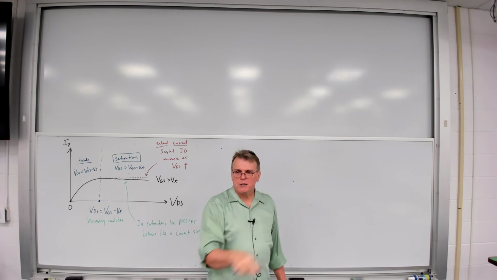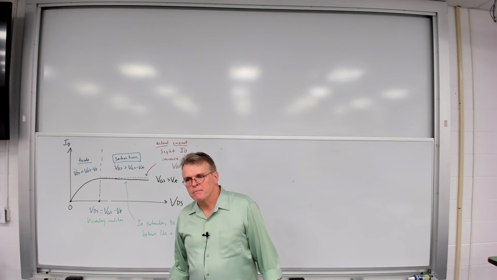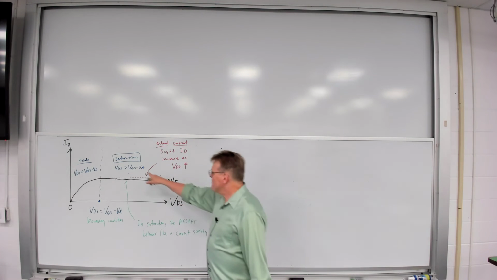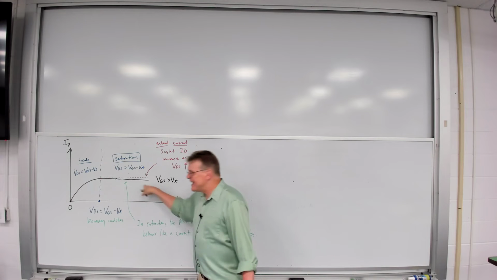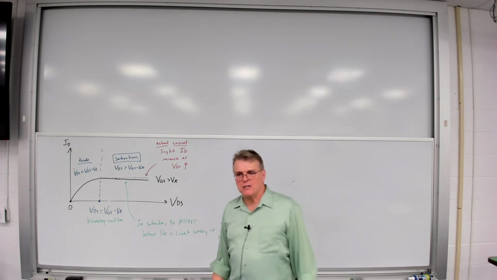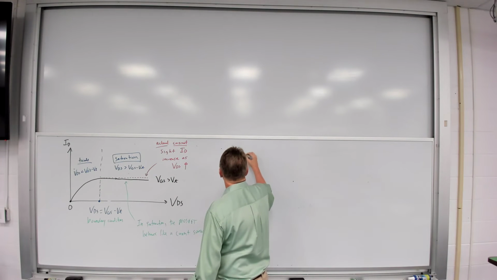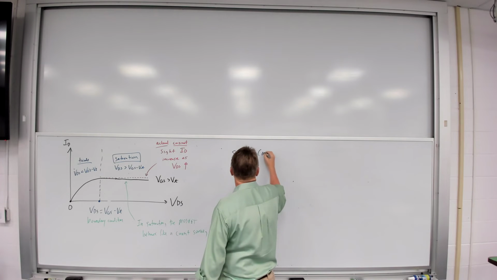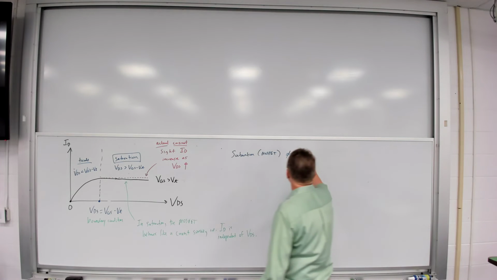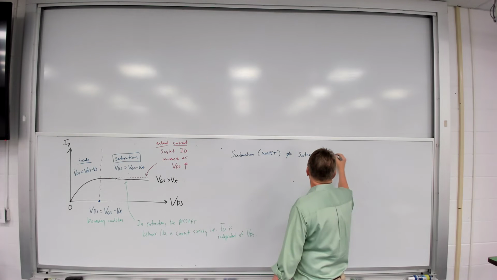Saturation. Where do you hear saturation? Op amps. Was saturation a good thing for an op amp? No. When an op amp saturated, it quit working. I'm calling this saturation because in this case, the value of ID saturates, and VDS doesn't increase. Saturation for a MOSFET is not the same thing as saturation for an op amp.